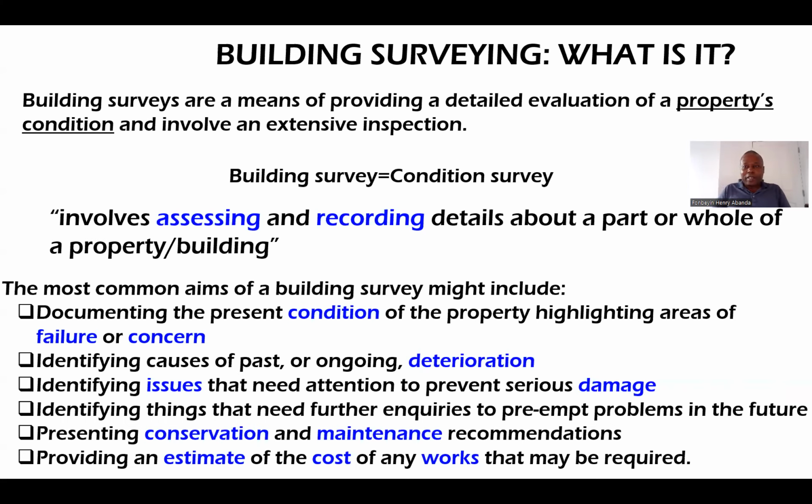There are times that if there is a defect on a property and you don't take immediate action, if you don't evaluate the property to identify the main issue, it might escalate from minor to major damage. Other aims are identifying things that need further inquiries to preempt problems in the future, presenting conservation and maintenance recommendations, and providing an estimate of the cost of any works that may be required.